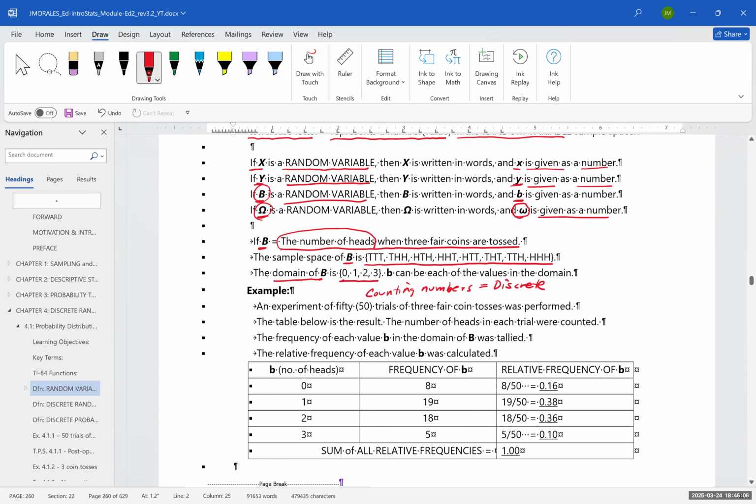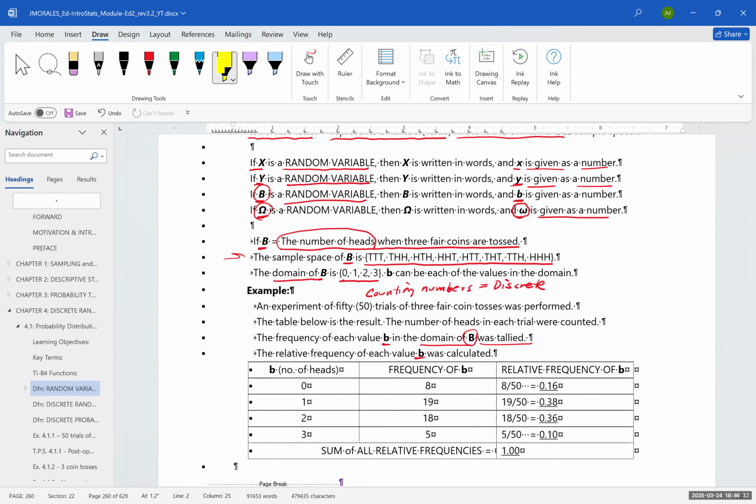Let's continue to use this example. An experiment of 50 trials of 3 fair coin tosses was performed. The table below is the result. The number of heads in each trial was counted. The frequency of each value, lowercase b, in the domain of the random variable B was tallied, and the relative frequency of each value in the domain was calculated.